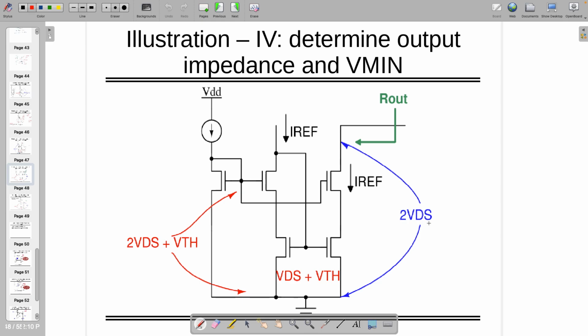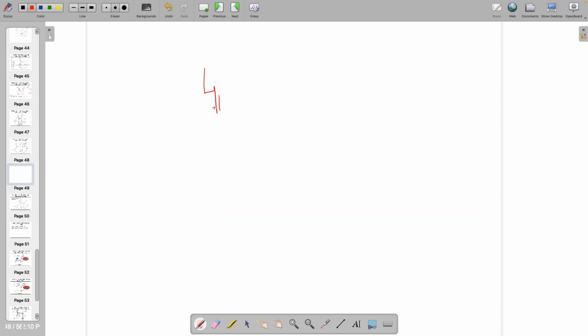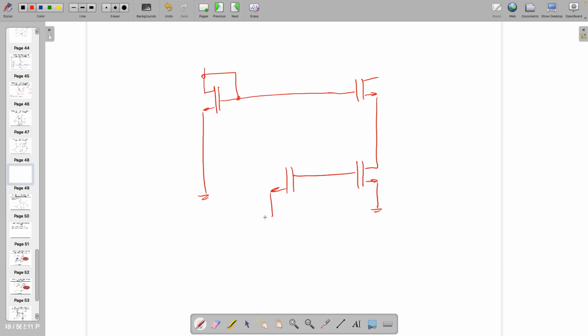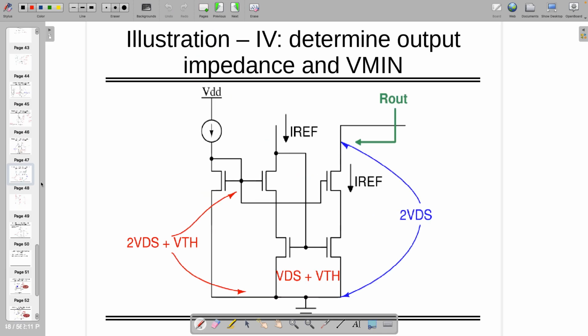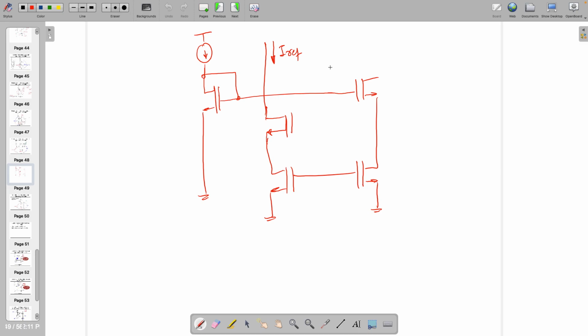So here, okay, I'll try to draw this again. So there are two branches.